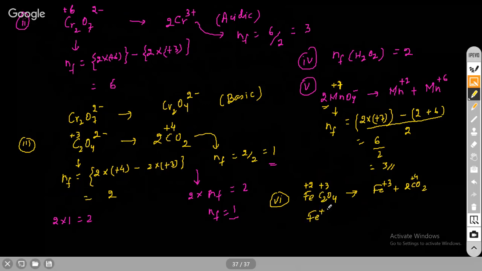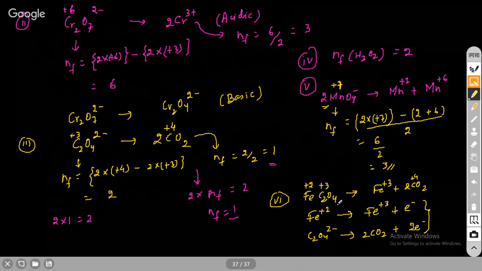Total change in oxidation, exchange in electrons, we have to find out. Fe2 plus goes to Fe3 plus plus 1 electron, and then C2O4 2 minus converts into 2CO2, right? And this gives 2 electrons, because here we have two negative charge, this is neutral, so we must have 2 electrons this side. Okay, so total electron exchange is what?